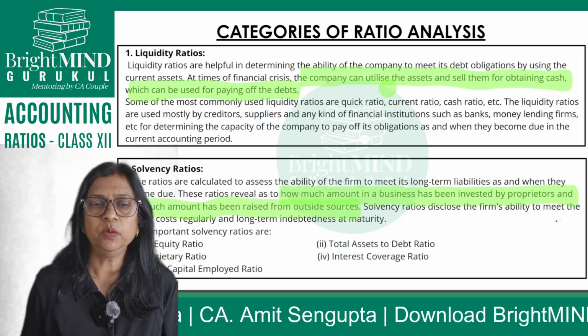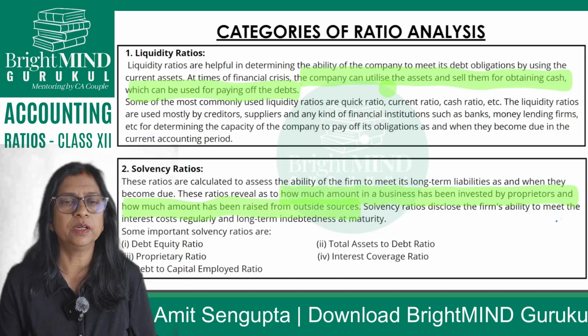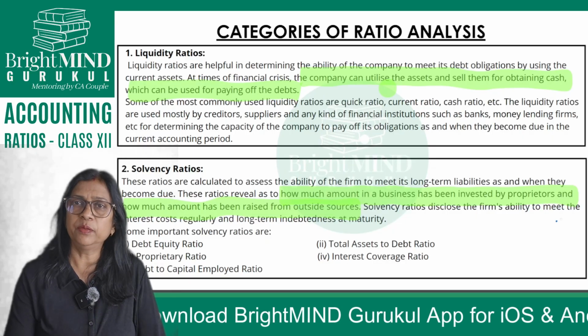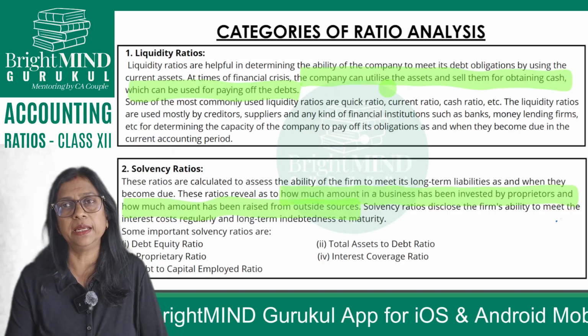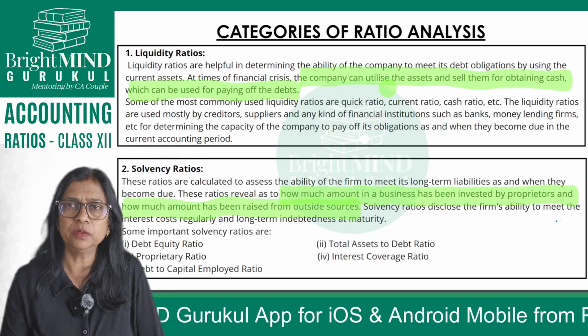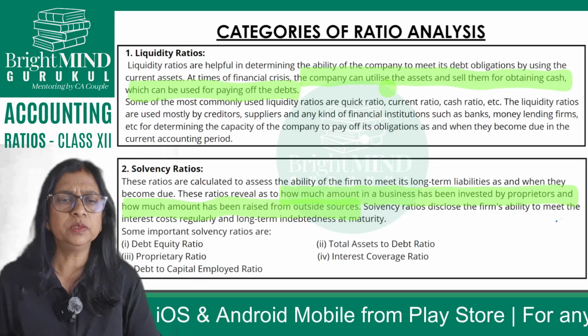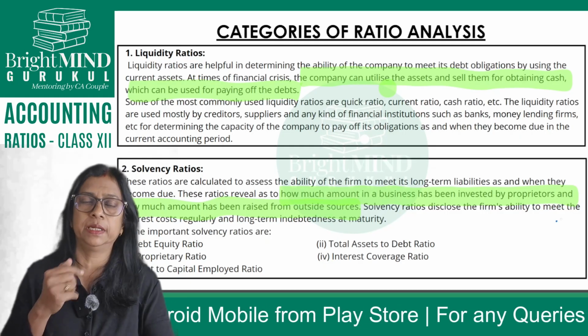Now we discuss the categories of ratios that we are going to study. They are liquidity ratios, solvency ratios, profitability ratios, and turnover ratios. First and foremost, which is very common, is the liquidity ratio.